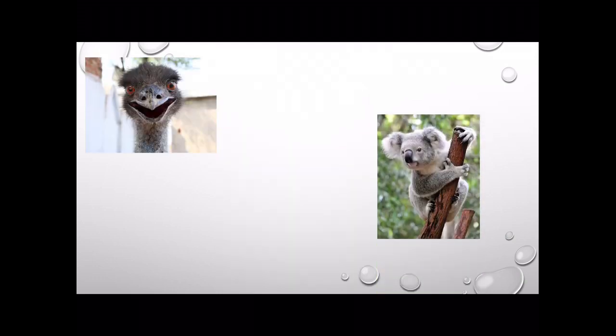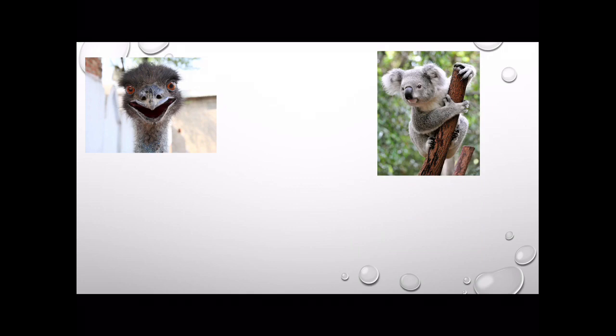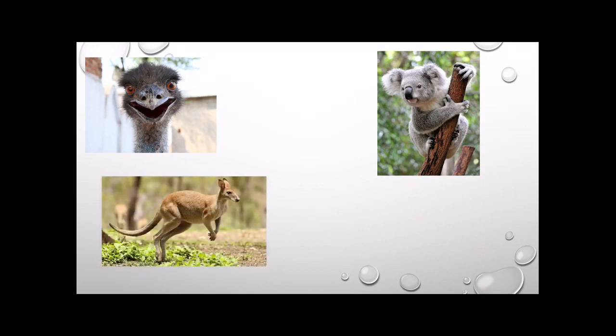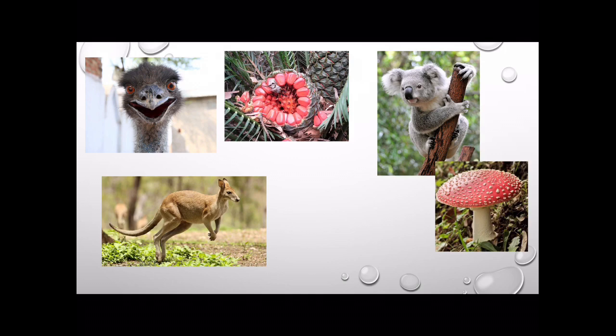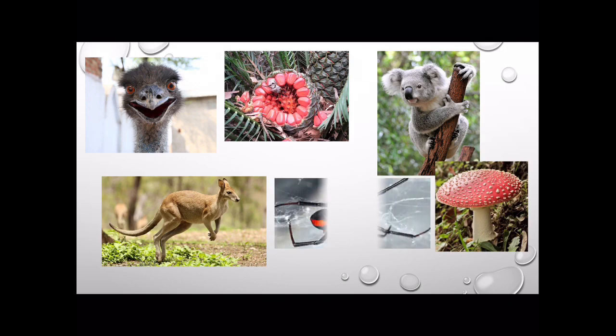We have the koala, which lives in Australia with the emu. Don't forget about the kangaroo. We also have one of Australia's most deadly plants, one of Australia's most deadly mushrooms, and one of Australia's most deadly spiders, because everything in Australia is dangerous. All of these things living together make up the community.